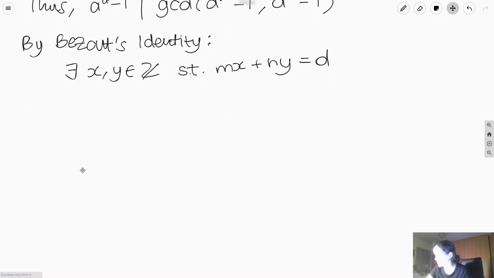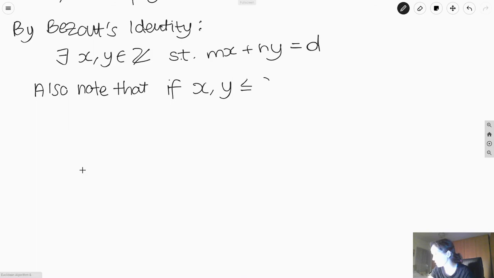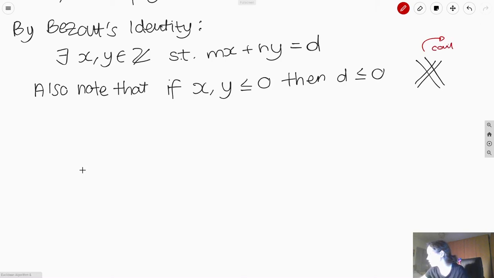Also note that if x and y are both smaller or equal to 0, then d would also be smaller or equal to 0, which would be a contradiction. So this would be a contradiction. You indicate a contradiction as such.